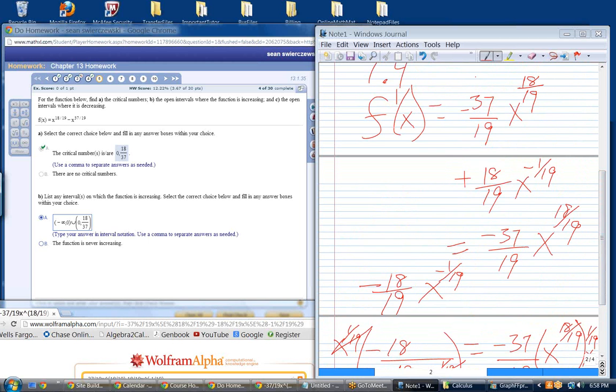This is what I got right here, which is 18/19 x to the minus 1/19 minus 37/19 x to the 18/19. So that's f prime. It's not defined at 0. It's equal to 0 when x is 18/37.